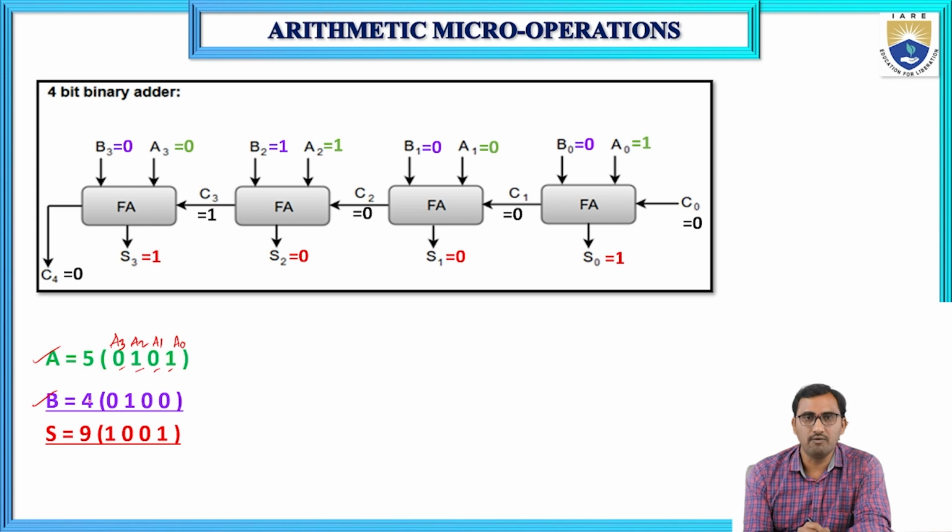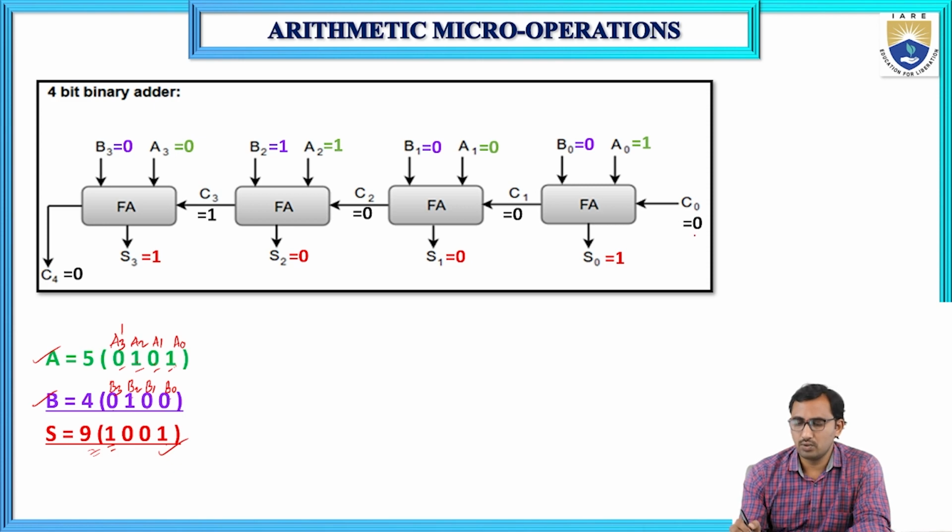Similarly, B value is 4, which I can represent in binary as 0 1 0 0, so B0, B1, B2, B3. I'm performing the addition. If I add 5 plus 4, it has to give 9 as the sum.